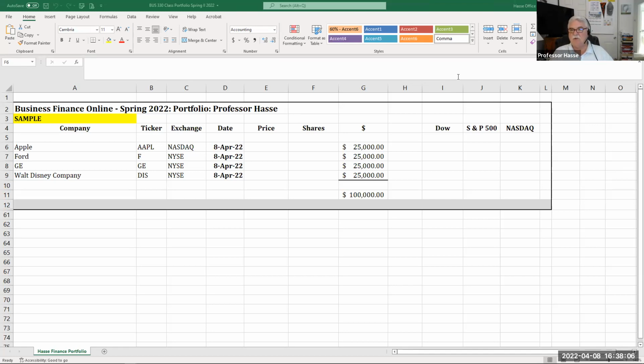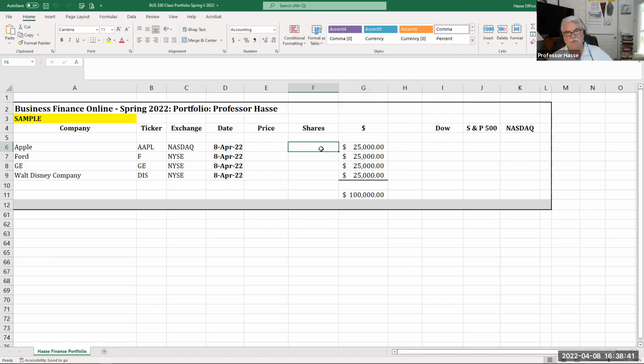The market is closed today, Friday, April 8th. Today's the date you get the prices of your portfolios of whatever companies you have selected. So you go into Yahoo Finance, Google Finance, as I described in my lecture video on Monday, find the price, determine the dollars allocated by you to that investment, and then you do a simple calculation dividing the price into the investment to get the amount of shares that you're purchasing on this April 8th.